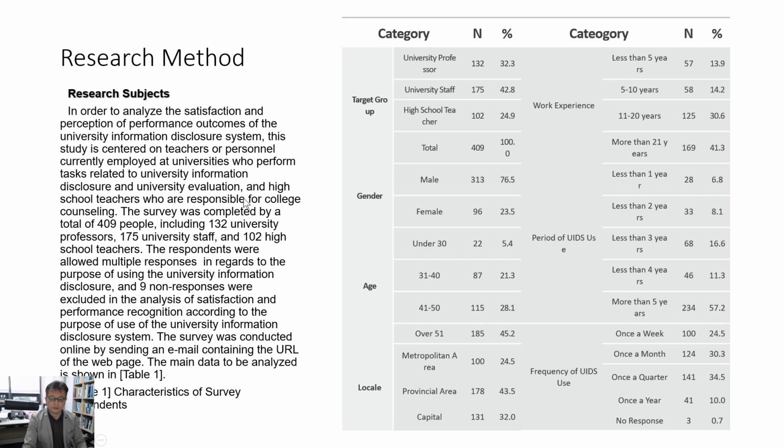Research method, research subjects. In order to analyze the satisfaction and perception of performance outcomes of the university information disclosure system, this study is centered on teachers or personnel currently employed at universities to perform tasks related to university information disclosure and university evaluation, and high school teachers who are responsible for college consulting.